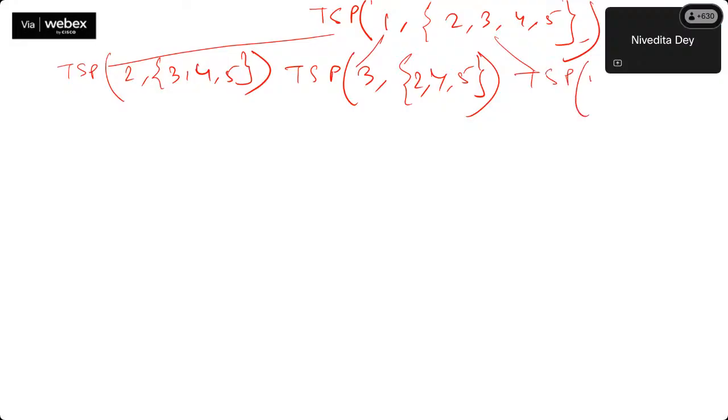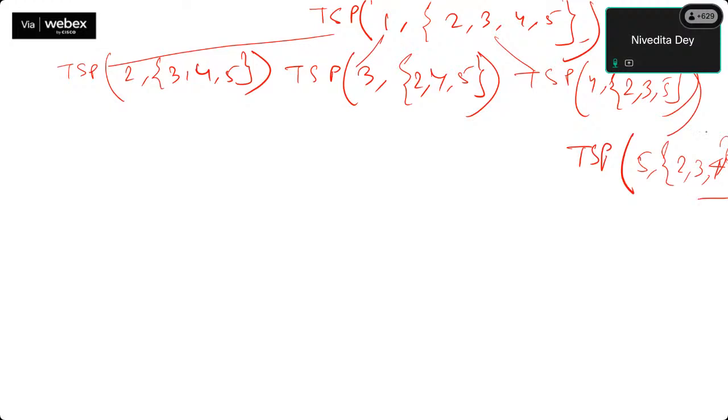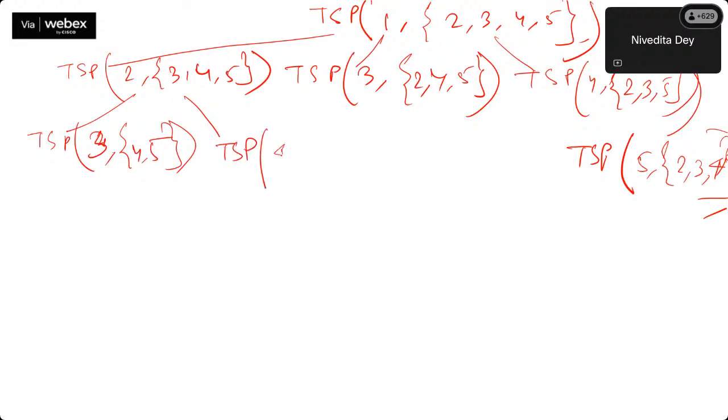Then TSP 4, 2, 3, 5. Then TSP 5, then 2, 3, 4. Then from here it will be TSP 3, 4, 5. Then TSP 4, 3, 5. Then it's TSP 5, 3, 4.